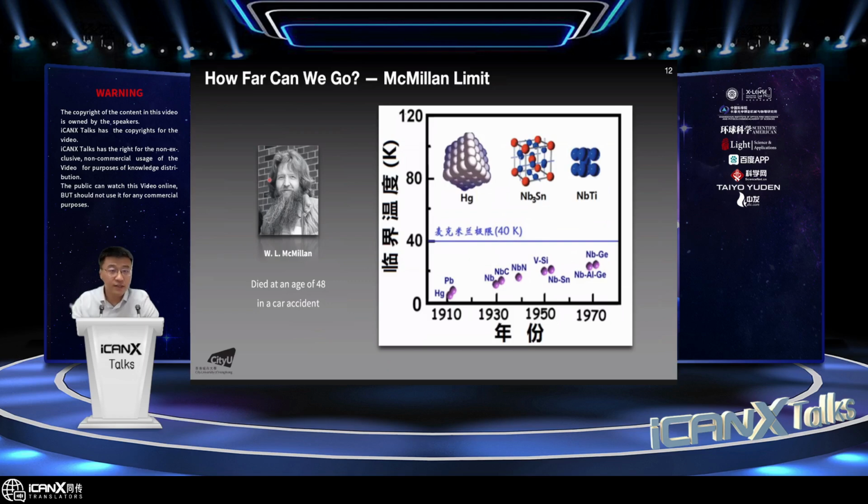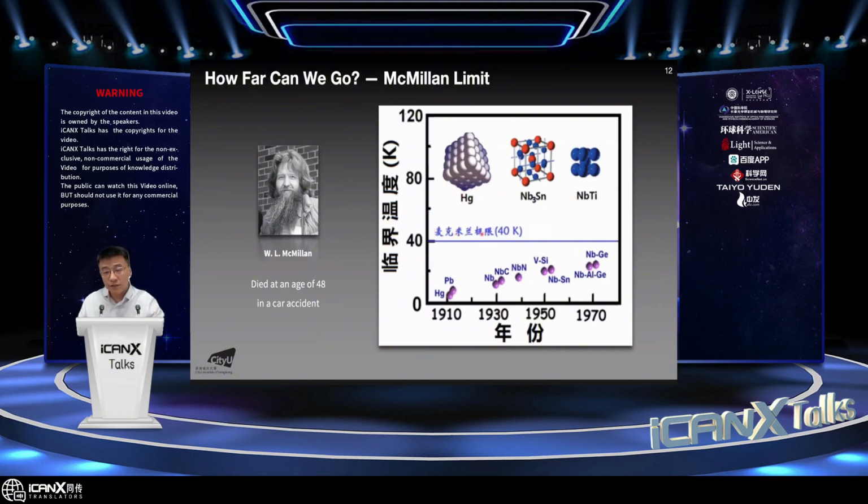So this McMillan limit, proposed by McMillan, who unfortunately passed away at the age of 48, suggests that in these normal superconductors, using electron-phonon coupling to explain superconductivity, we have a fundamental limit, which is at roughly 40 Kelvin.